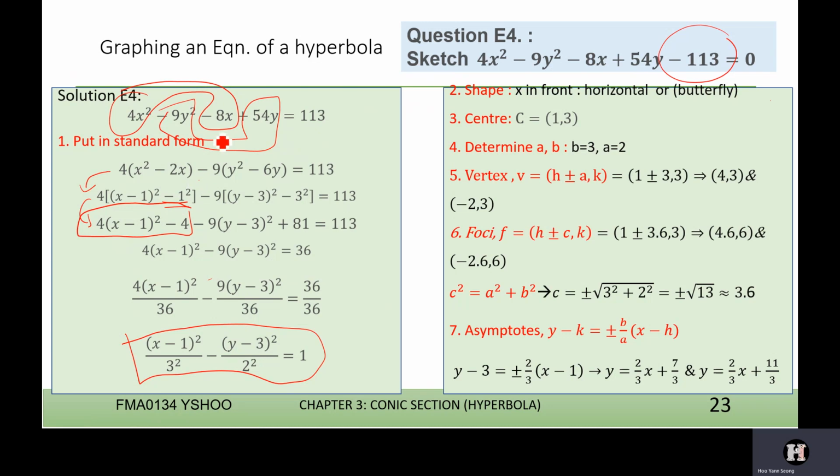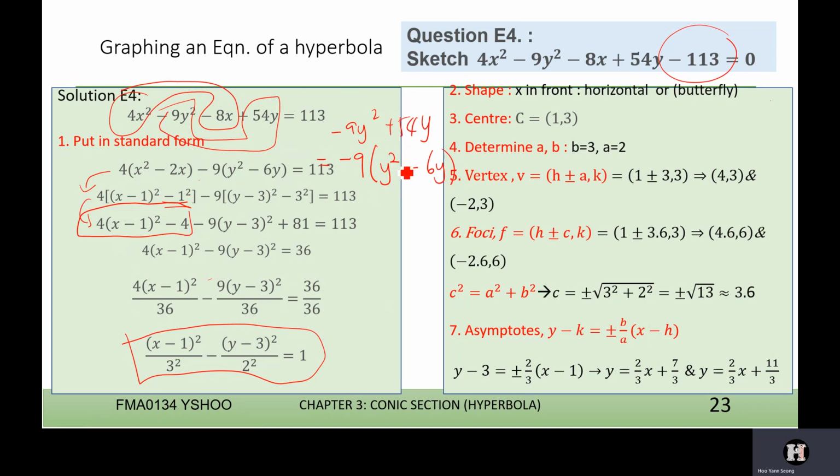Now for the y, please pay a little bit of attention to the calculation, because we have minus 9y squared plus 54y. When I want to factor out my minus 9, remember this one is y squared minus 6y.